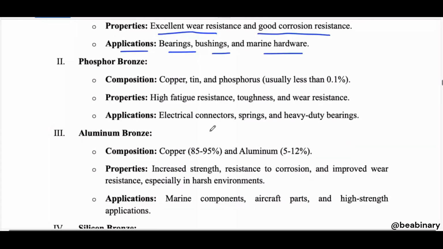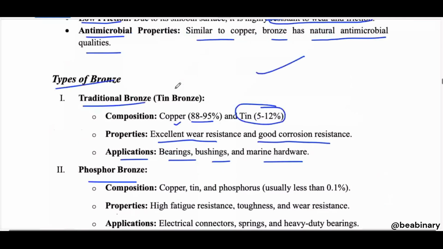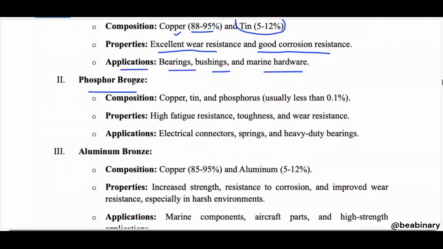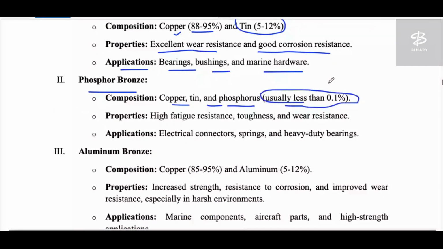Now, phosphor bronze. It is a tin bronze. The composition is copper, tin, and an additional element, phosphorus, usually less than 0.1%. You can see how small the amount of phosphorus is that we have incorporated into the bronze, so that we can get additional mechanical properties. Here the property is high fatigue resistance.